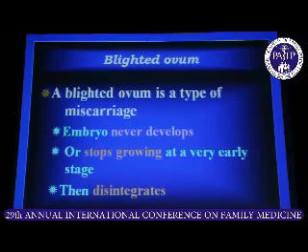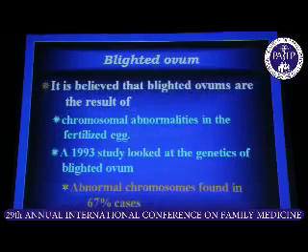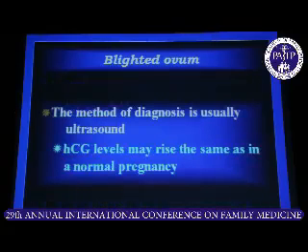The embryo never develops or stops growing at a very early stage and disintegrates. It is believed that blighted ovum is the result of chromosomal abnormality. In 1993, a study was done and they found 67% abnormalities of the chromosomes in cases of blighted ovum.